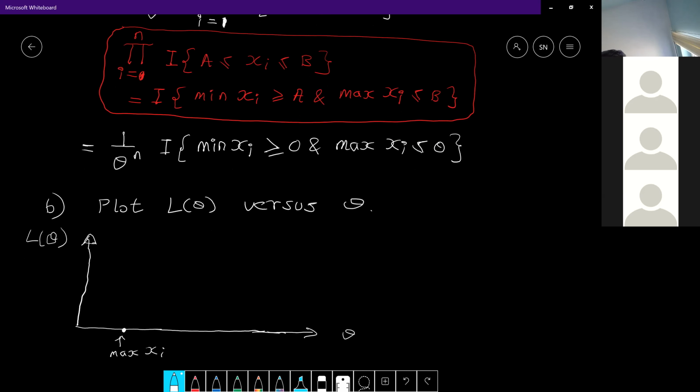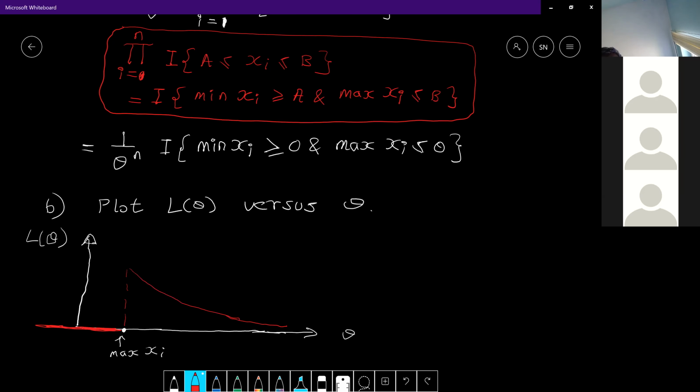If theta is greater, it takes the value 1. If theta is less, it takes the value 0. So your graph will look something like this. It will be 0 up to this point, and thereafter it will be a decreasing function.